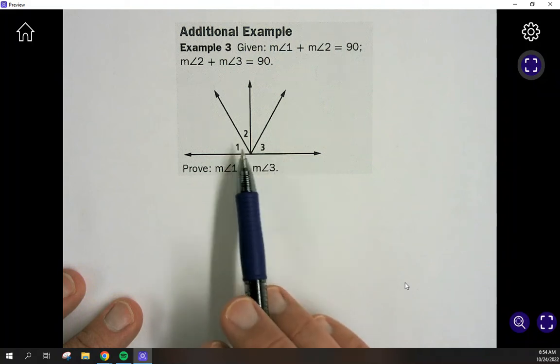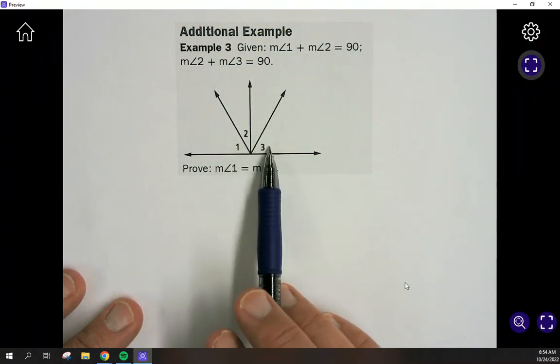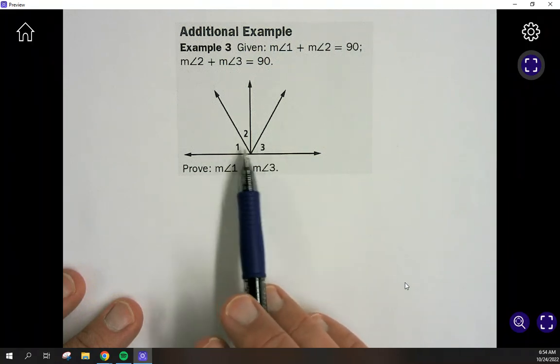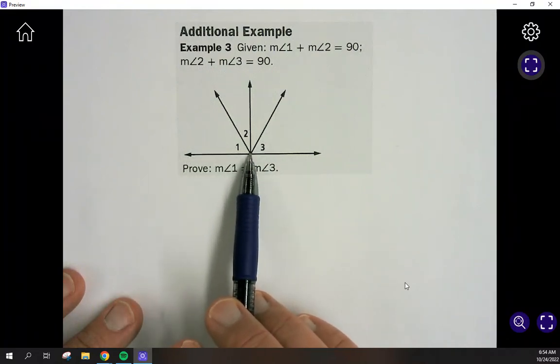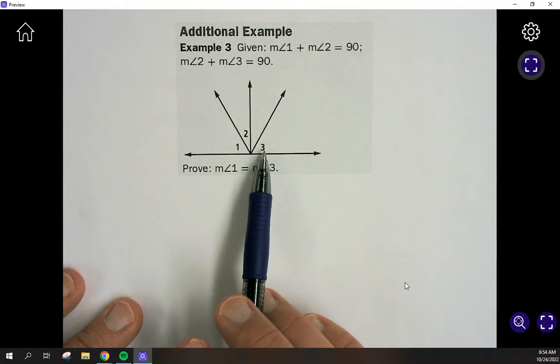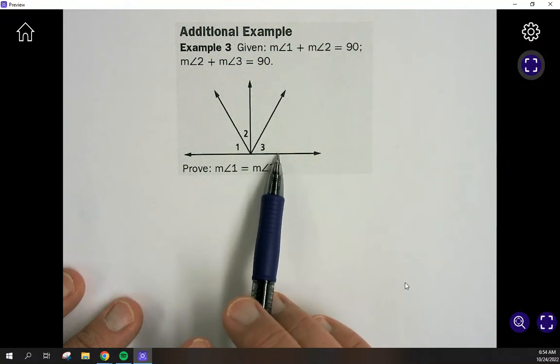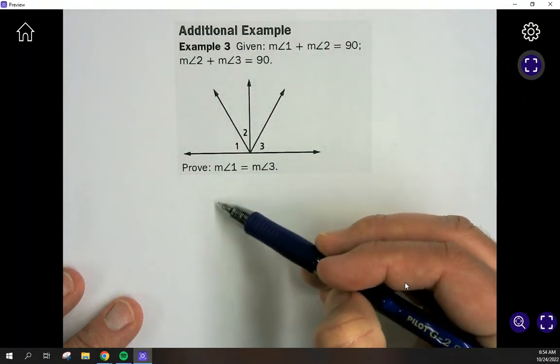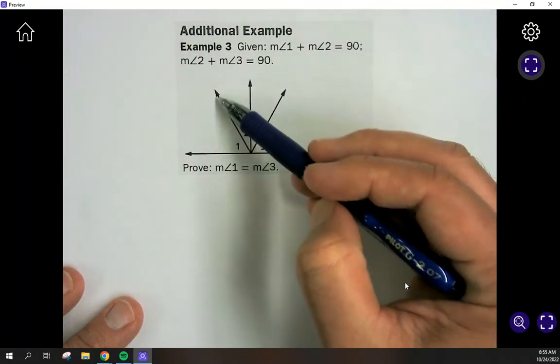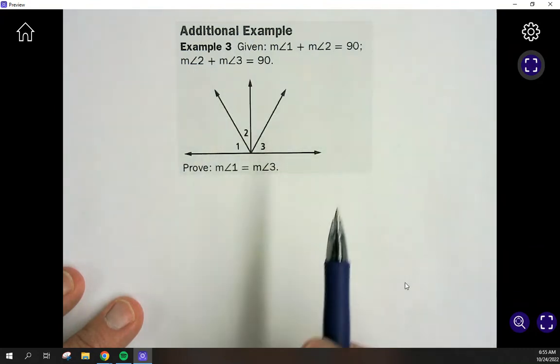So we're going to try and prove that the measure of angle 1 is equal to the measure of angle 3. Now, some people might look at this and say, well, of course, they're vertical angles. They're not actually vertical angles, though. So if you look at this side of 1 and you extend it through this line, it does become a side of angle 3. But for things to be vertical, that has to be true of both sides. And this side of angle 3, if I extend it, is not the other side of angle 1. Although they look similar, they are not the extension of each other.